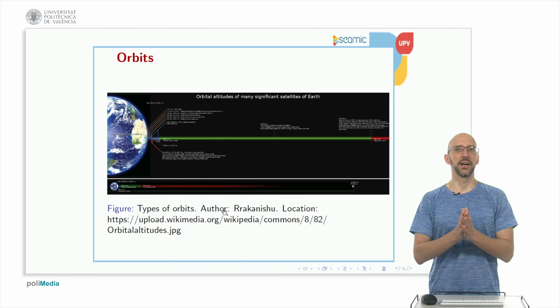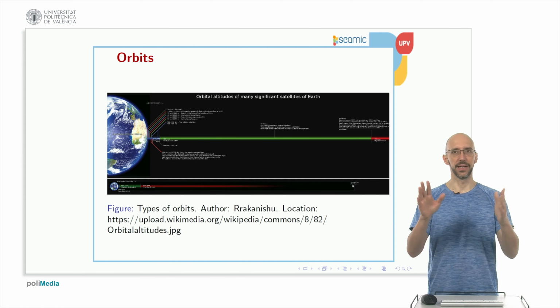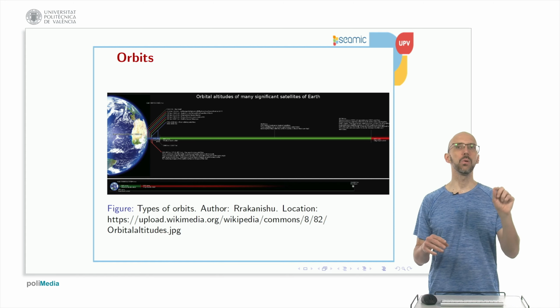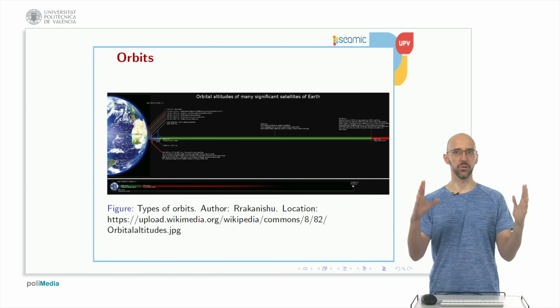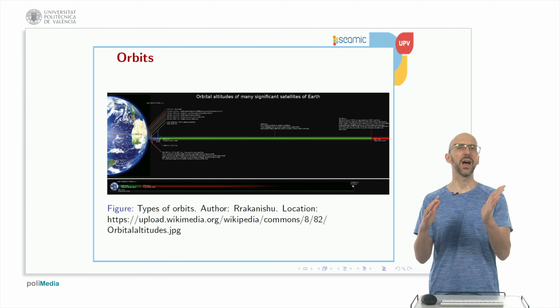Just to finish, just a brief idea. Normally we have several satellites orbiting around the Earth, and we divide these satellites in three types. LEO, that means low Earth orbits, that are very close to the Earth. It's just about 400 kilometers to 2,000 kilometers. Then you have medium Earth orbits, MEO.